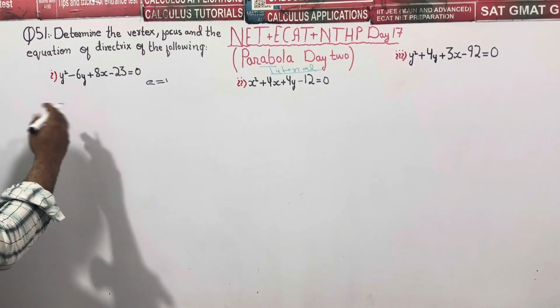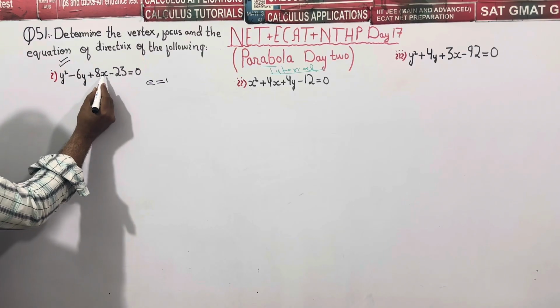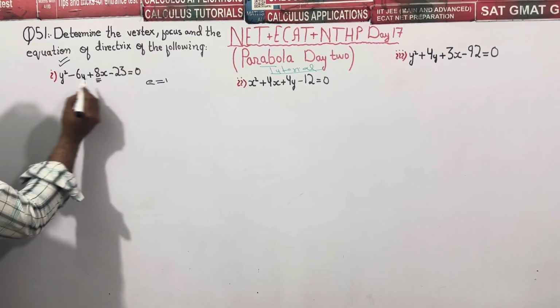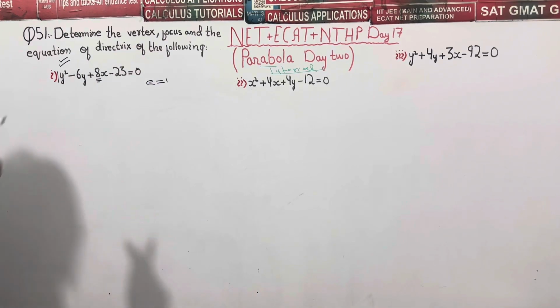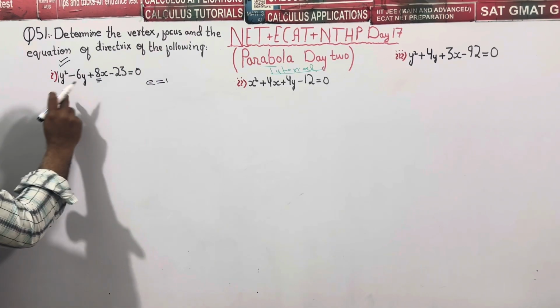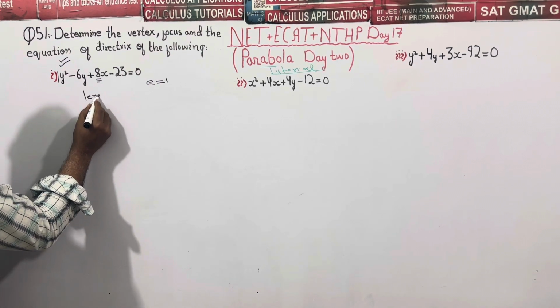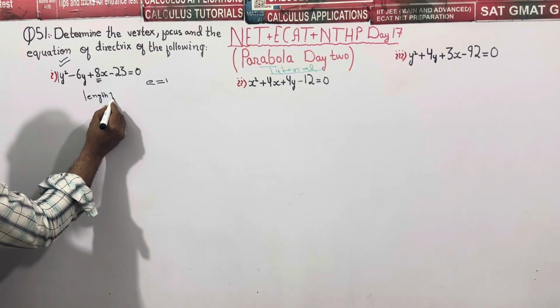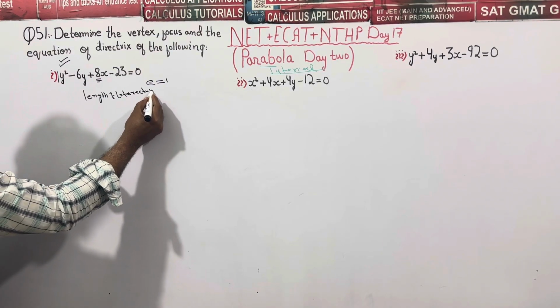One more thing: with a square in y, after making the coefficient of y square 1, whatever the coefficient of x is, it is the length of latus rectum.